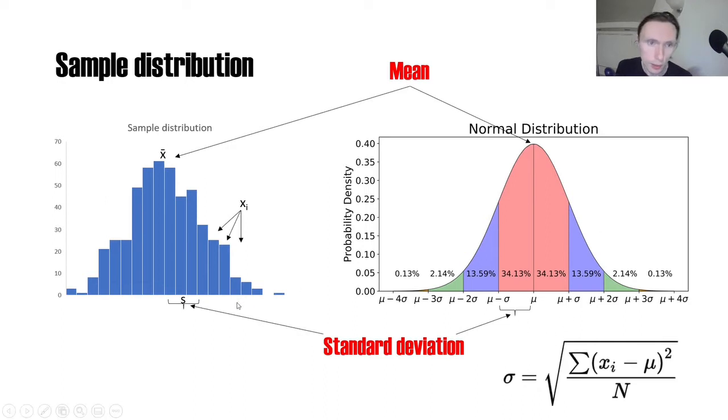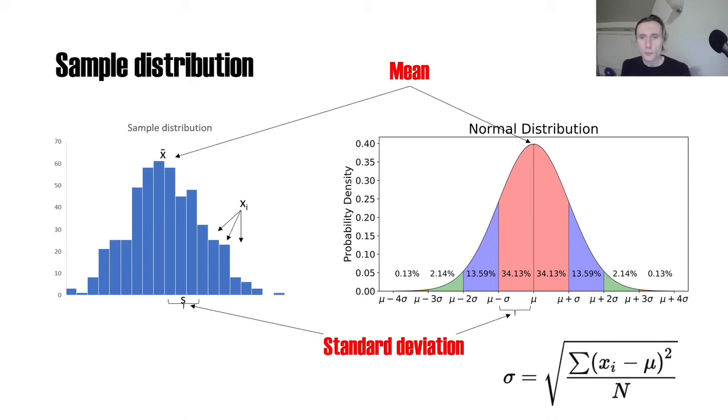Then in that case, this distribution would be very sharp. Whereas if some people score 0 and other people score 3,000, then that distribution would be a lot broader, right? And this we can represent with the standard deviation. Now, what the standard deviation is and how we can calculate it, I will come back to in a minute.